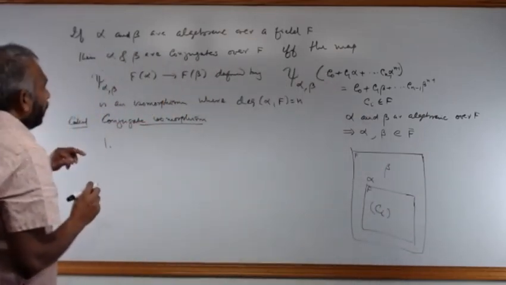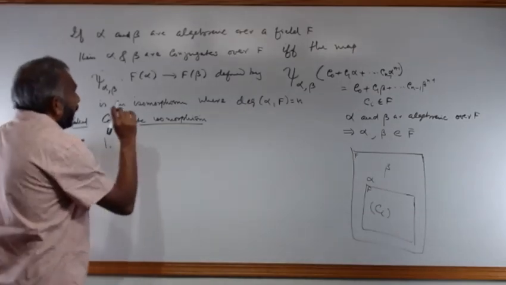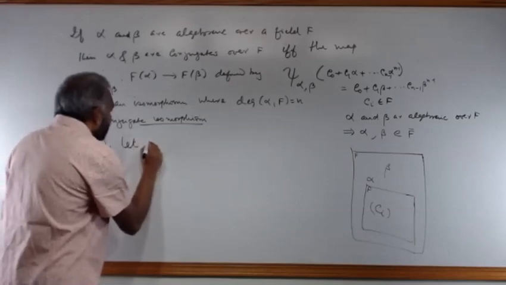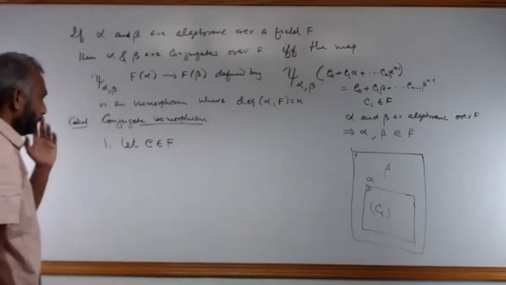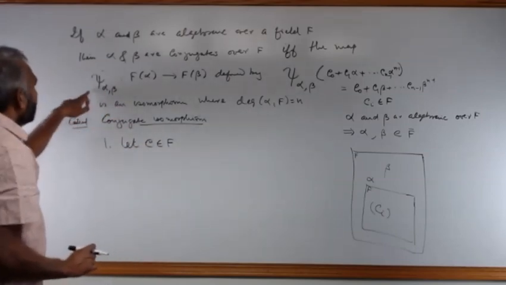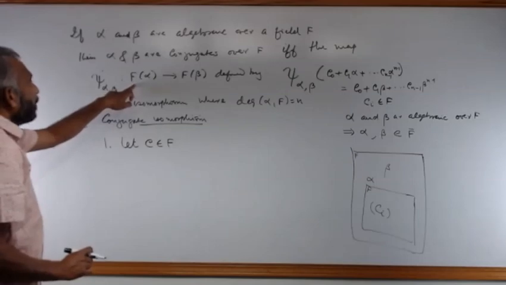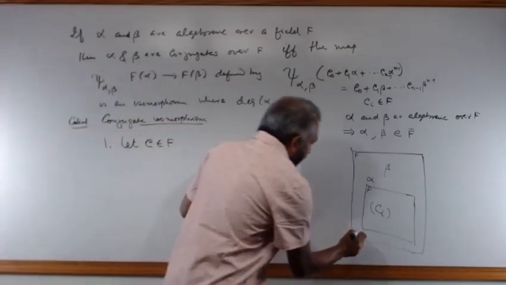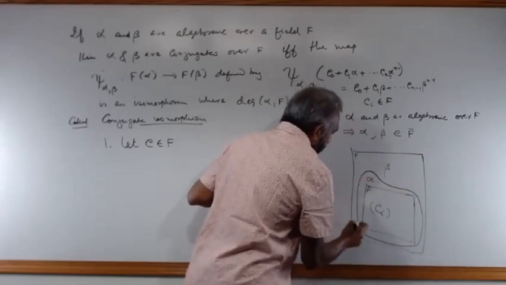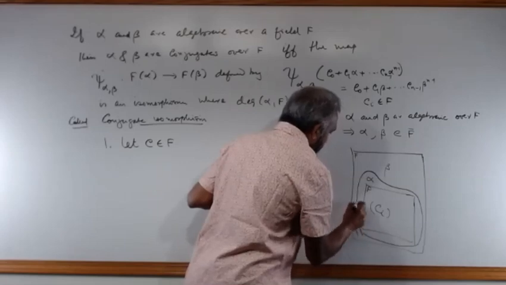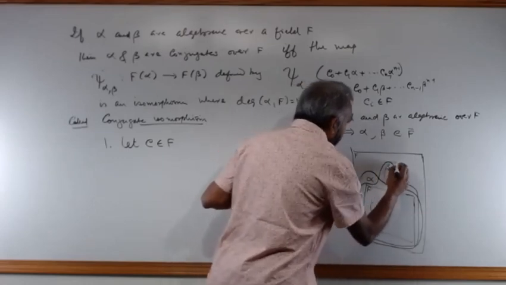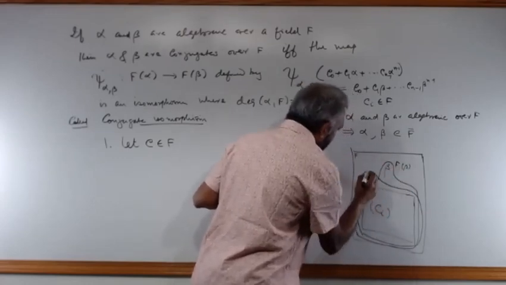So if you take an element C belonging to F, this conjugate isomorphism is a map from F(alpha) to F(beta). This is our F(alpha), and there is another one. This is not going to be like this, but for now, let's assume that this is F(beta).